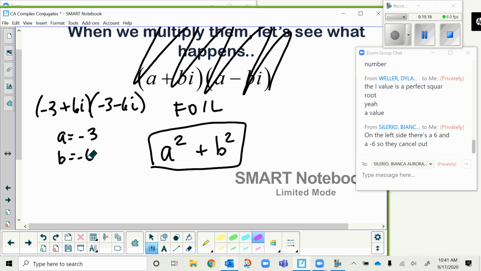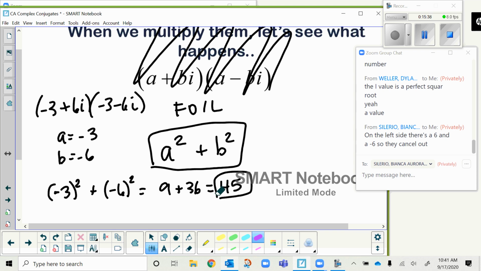So our answer in the warm-up was 45, and we foiled, but we could just do this and get the same thing. Watch. Square the A value plus squaring the B value and still get 45.